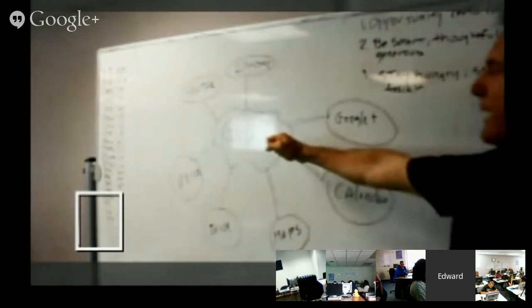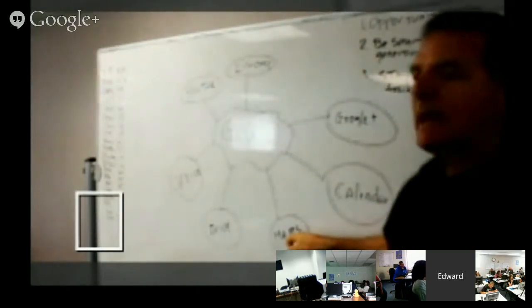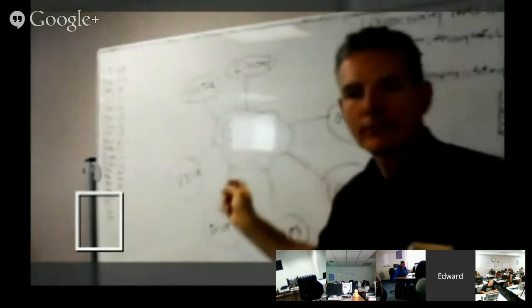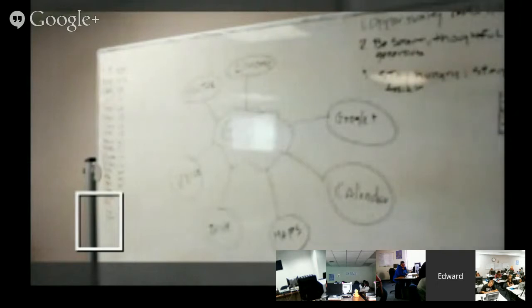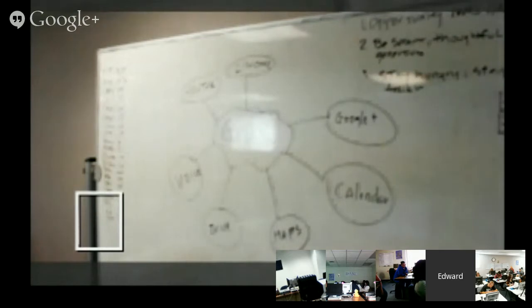You can be in Gmail and create an event on your calendar. You can attach a map to that. You can make a call from Gmail, to somebody, or set up a hangout. You can attach a YouTube video. Chrome is the browser that's like Internet Explorer.